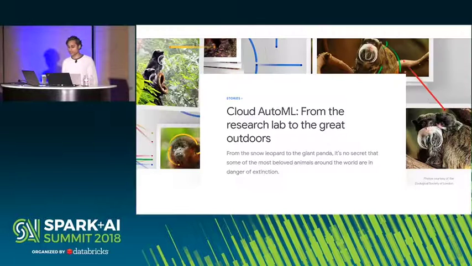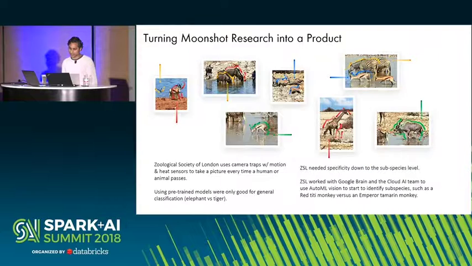Oh, this is an interesting use case, by the way, of AutoML. Google Cloud and Google Brain teamed up with the Zoological Society of London to identify species in the wildlife. Basically, the Zoological Society uses camera traps with motion and heat sensors to take a picture every time it detects motion or heat.